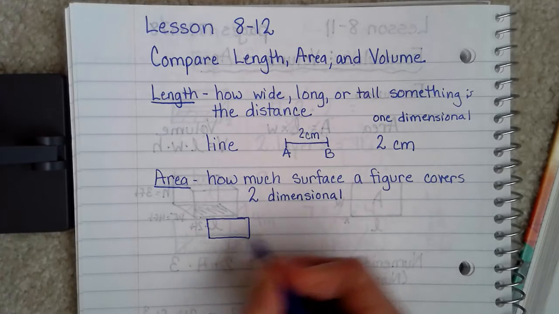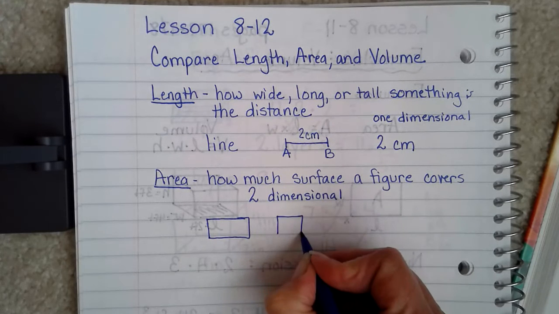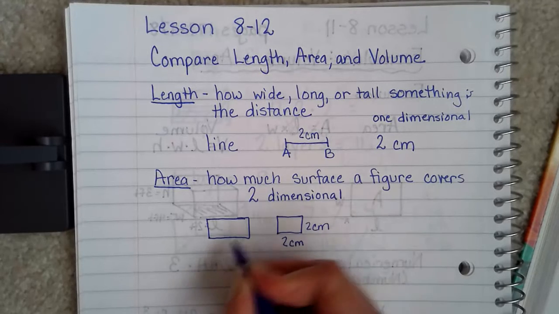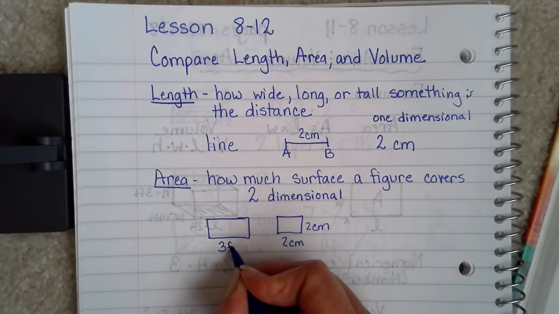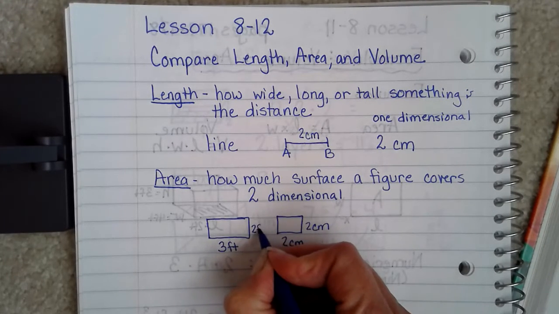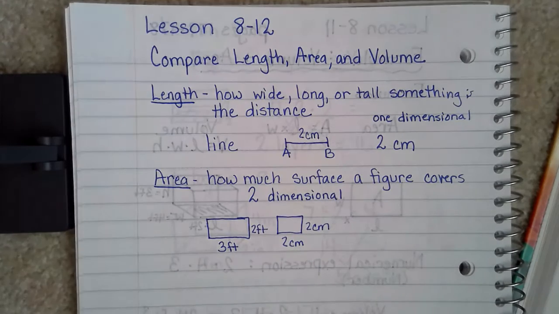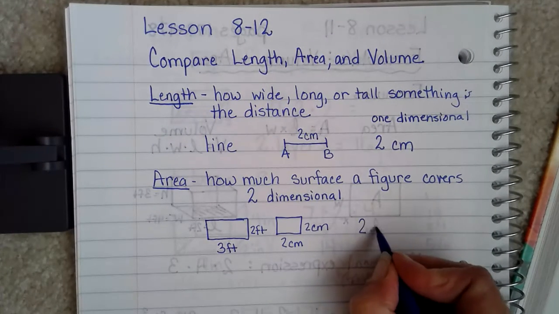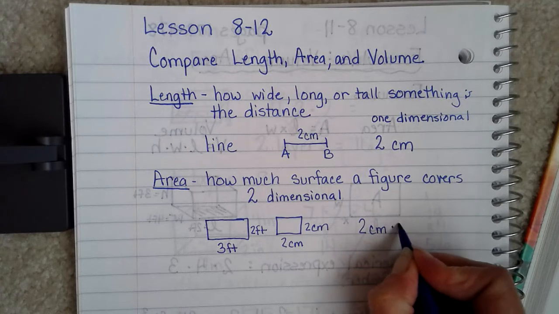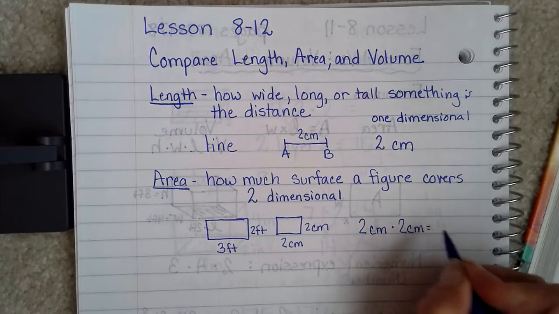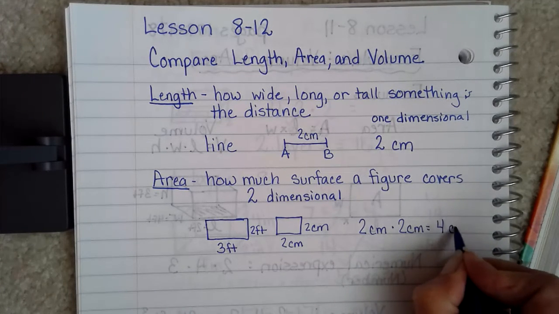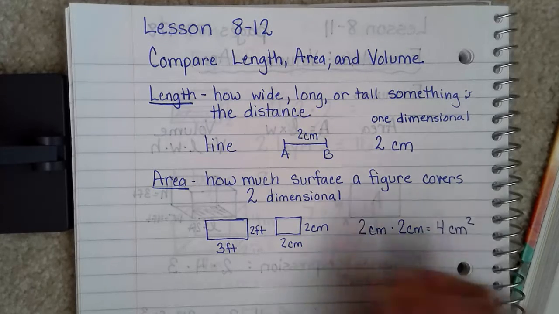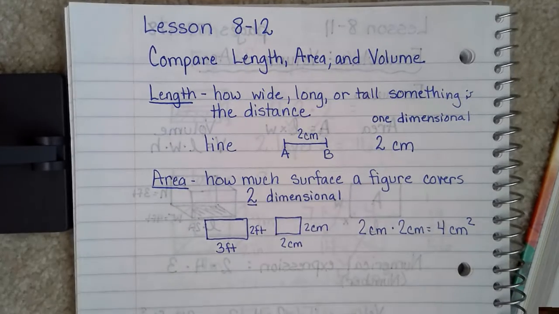If I want to say 2 centimeters by 2 centimeters, or maybe it's 3 feet by 2 feet, to find that out, that would be our area. So we would multiply them, 2 centimeters times 2 centimeters, and we would get 4 square centimeters. How many centimeters did we multiply? 2 of them. It's also 2-dimensional, so it's squared.